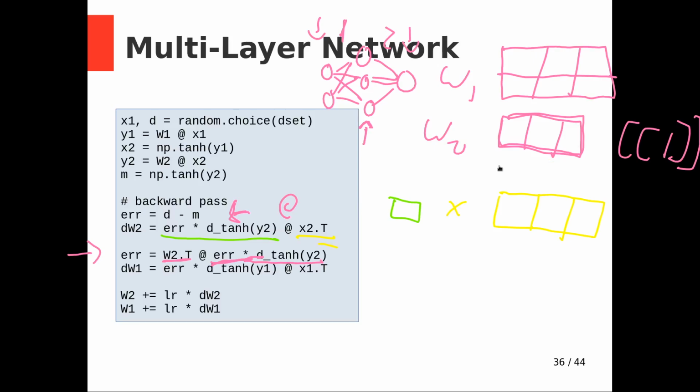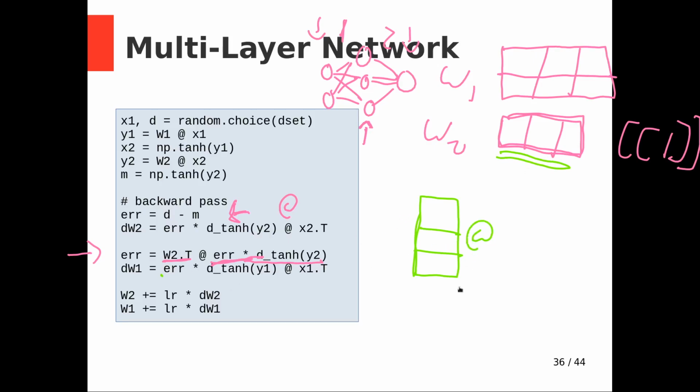Now, what about the next layer, right? When we want to pass our error backwards, W2 is this 1 by 3 matrix, but we're transposing it, so it becomes a 3 by 1 matrix, right? Transpose of this 1 by 3 row is a 3 by 1 column. And we are multiplying that by our previous error, right?